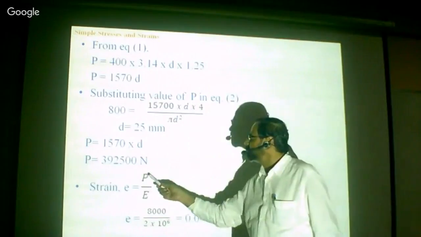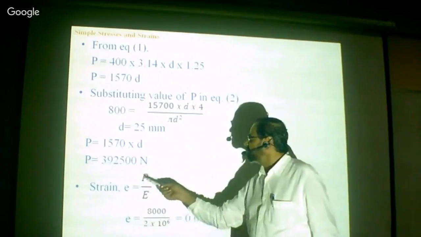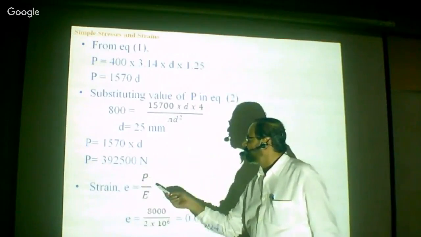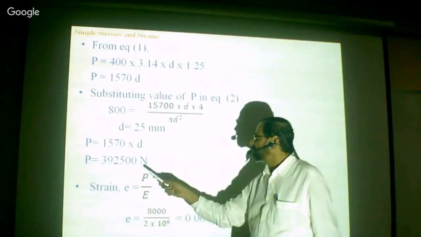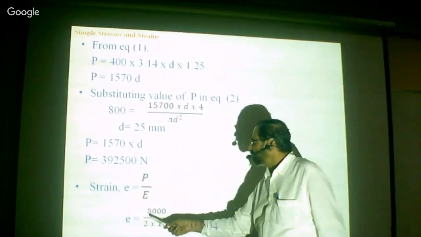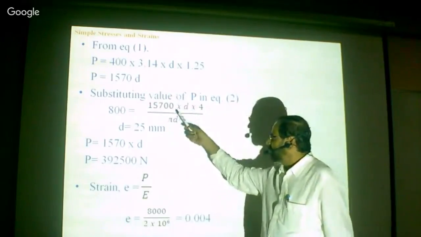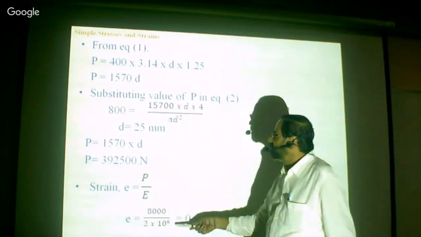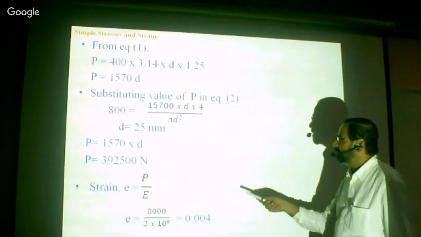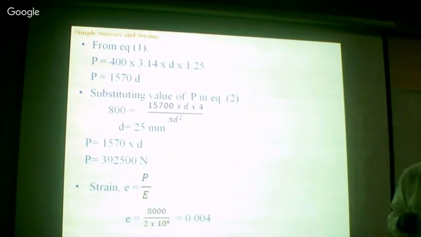Just transfer one term to the other side. Then strain is equal to stress divided by Young's modulus. Stress is given and Young's modulus is given, so we can calculate the strain in the material. Then our problem is solved.